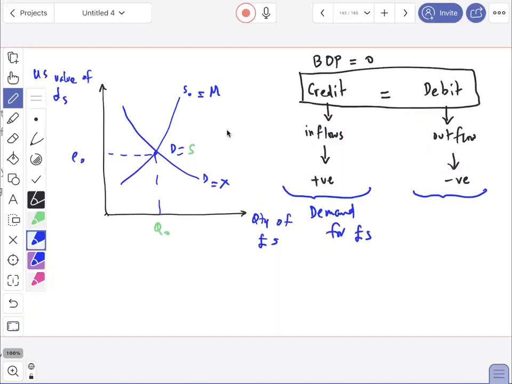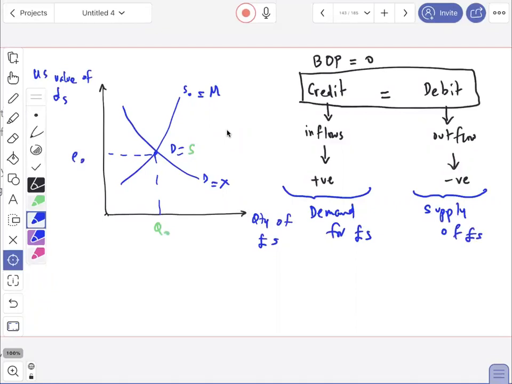And debit side basically means supply of pounds. Why? If a UK resident is buying a Japanese car, he will be supplying pounds.